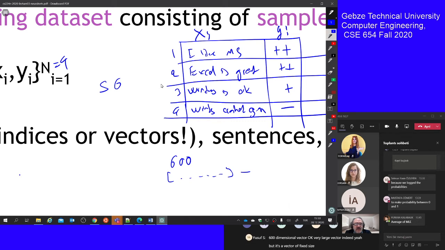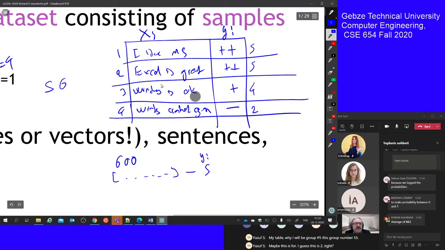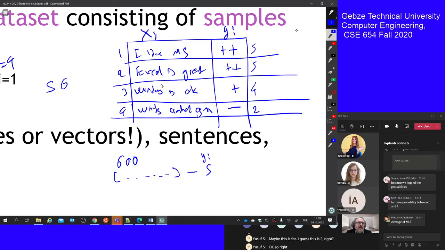And for this one, my label yi will be group number 5. Maybe this is 4, I guess this is 2, right? Okay, so my table is going to be 5, 4, 3, 2, 1.